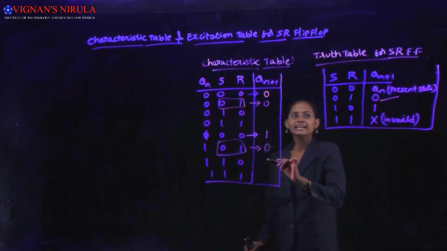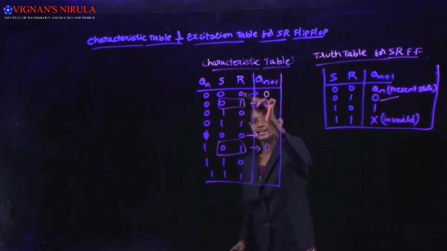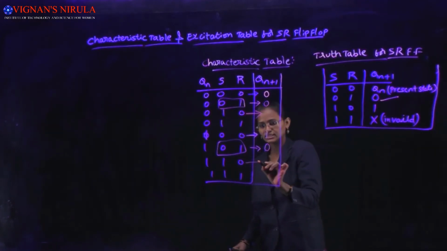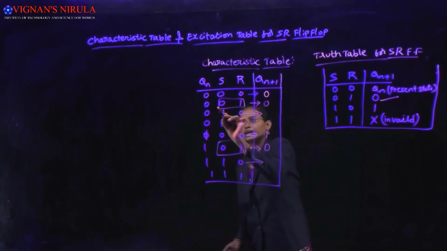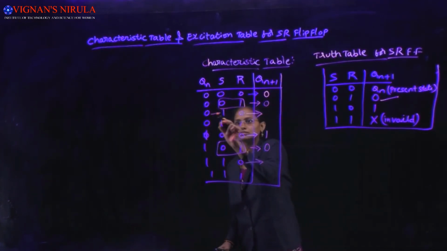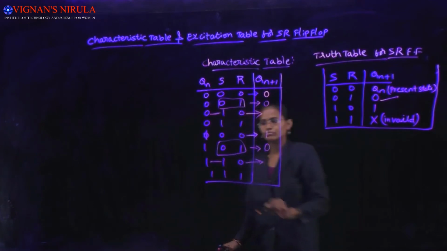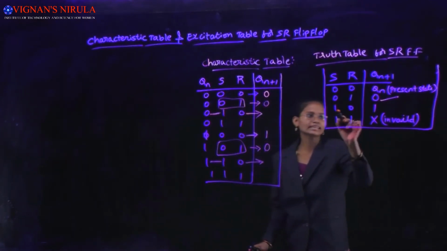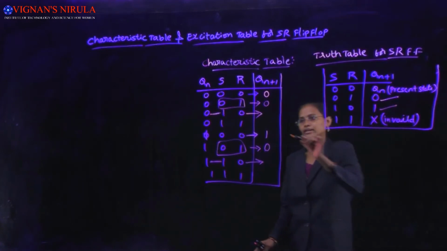Next, set is 1 and reset is 0. Here observe, set is 1 and reset is 0. In that case, what is the state here? 1.